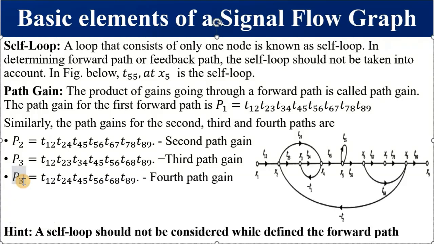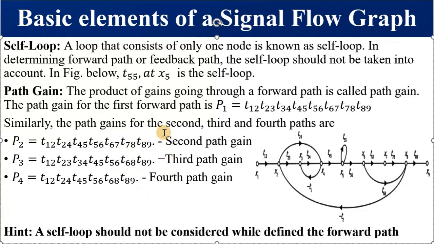This must be our gain for forward path number 4. That's T12, T24, T45. When we go to x5, we go to T56, then T68, then T89. So there's no duplication. Let's check closely.